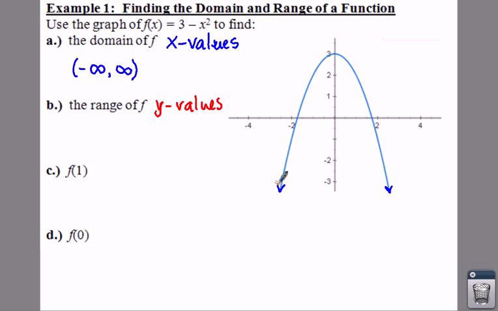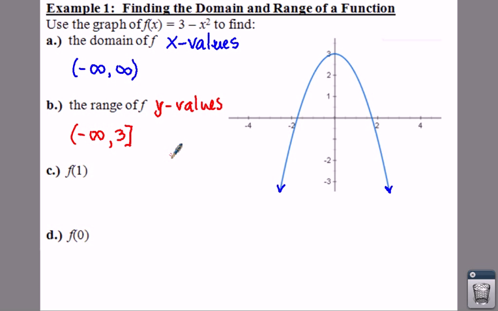Even if you don't have arrows, it is implied that it's going to keep going down. So the lowest y value you have is negative infinity. Well, this graph keeps going up and up. It goes to y equals 0, y equals 1, 2, 3, stops at 3, turns around, and goes back down. So the highest it goes is 3. And remember, if you include 3, you would put a bracket around it.